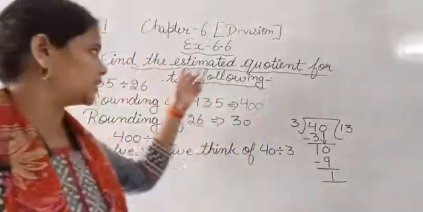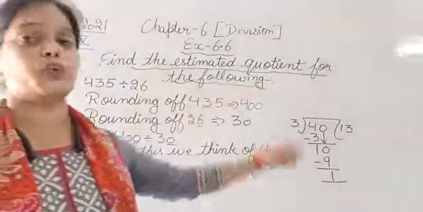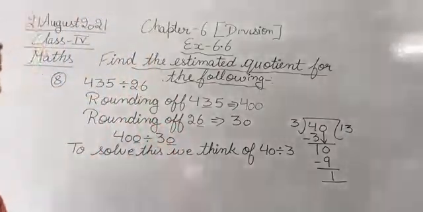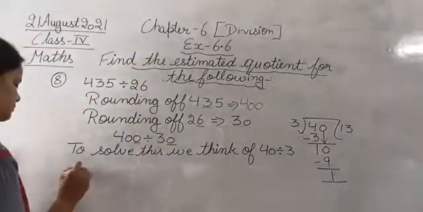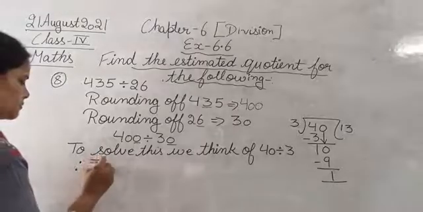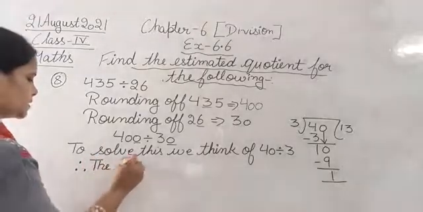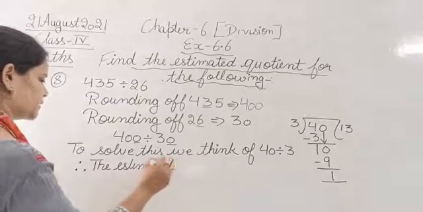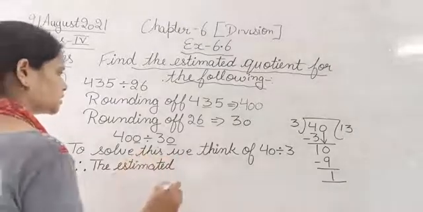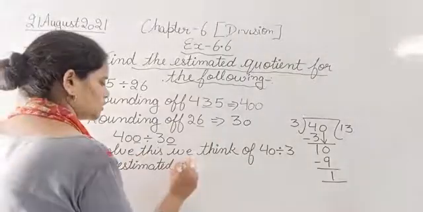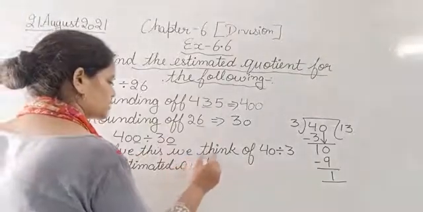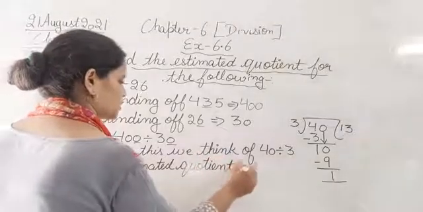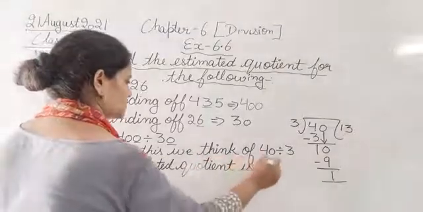But in the question they have told us to find the estimated quotient, so we have to write only the quotient.